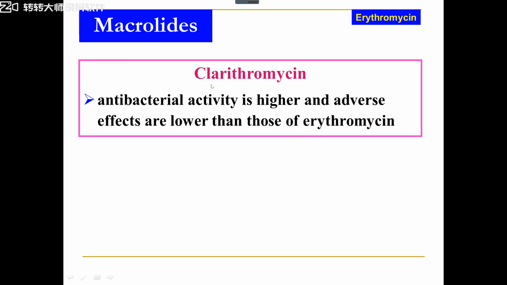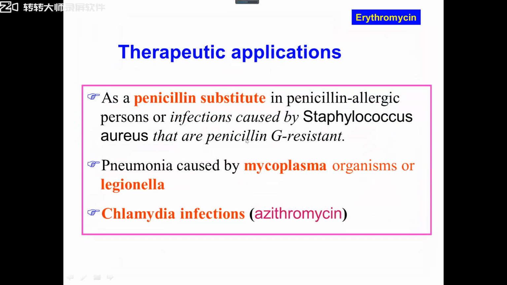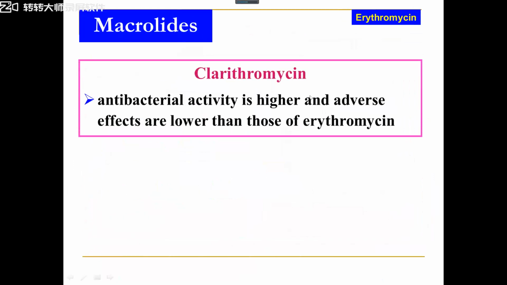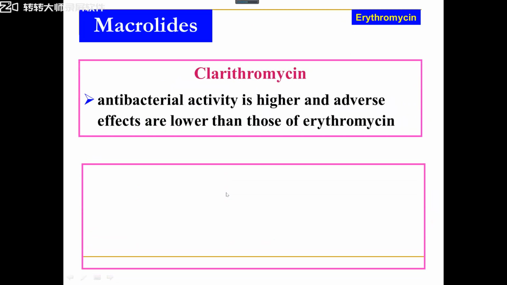So clarithromycin we always administer orally, to treat, as explained in the clinical uses, mycoplasma infection or chlamydia infection, or as a penicillin substitute. So this drug is clarithromycin, oral administration.